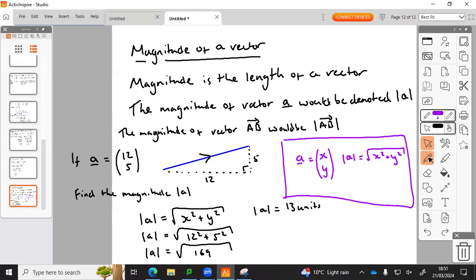So you could get asked straight up, what's the magnitude of the vector? More likely, you'll get maybe a couple to add together.